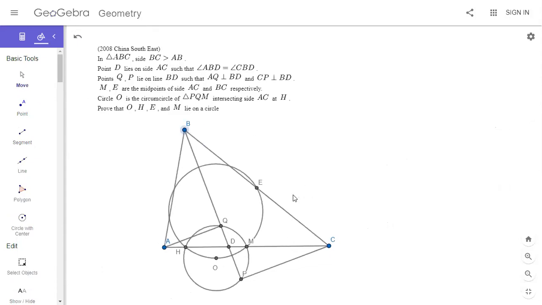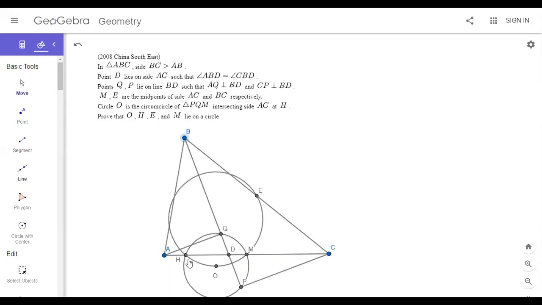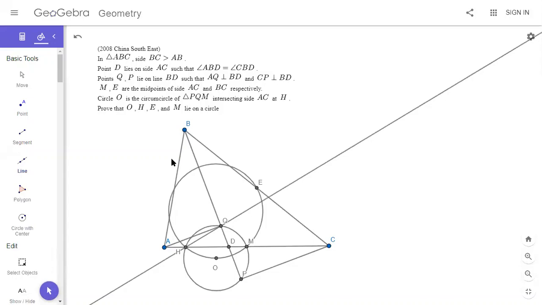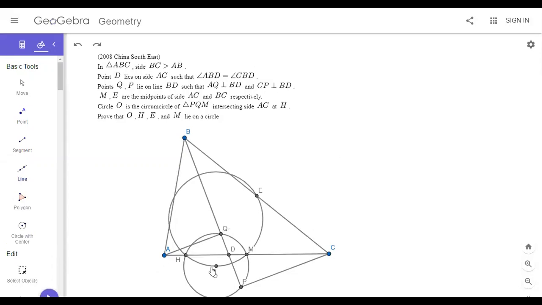Are HQ and E collinear? Let's see. I don't think so. Oh no, it's all right. But basically, if they were cyclic, O would be the midpoint of arc HM, right? Because OH is equal to OM.